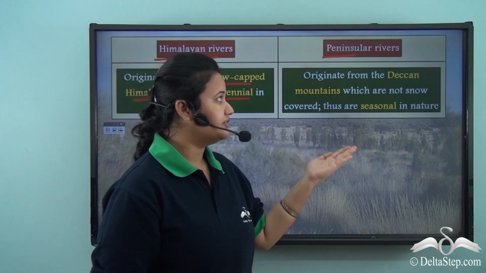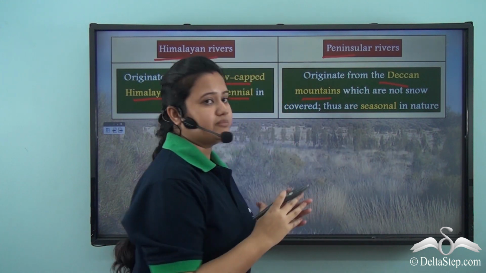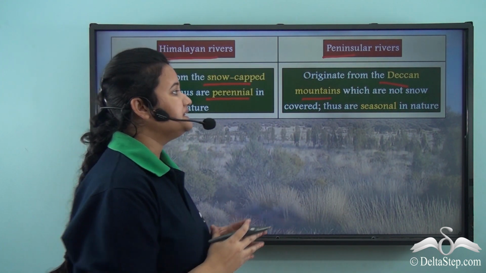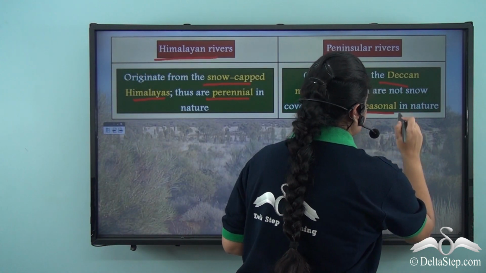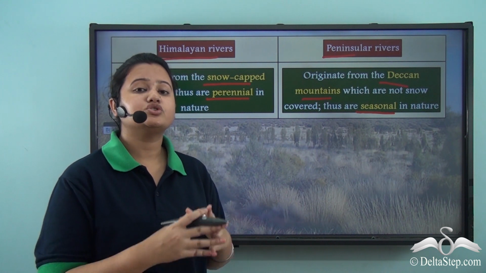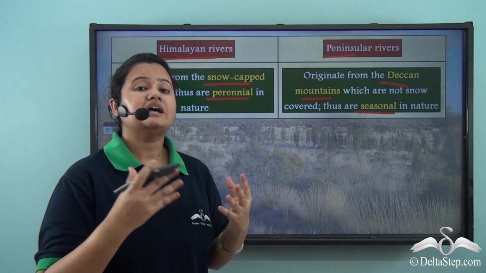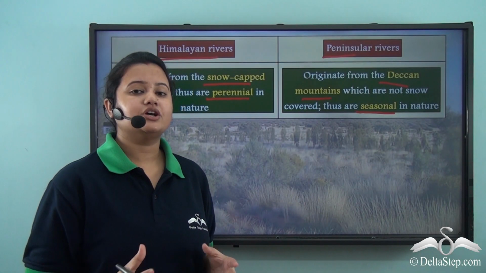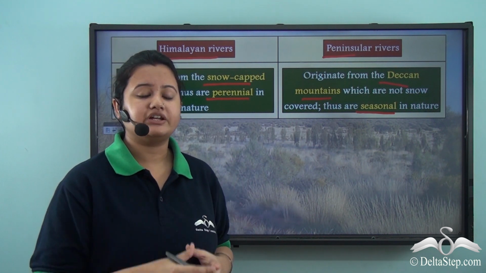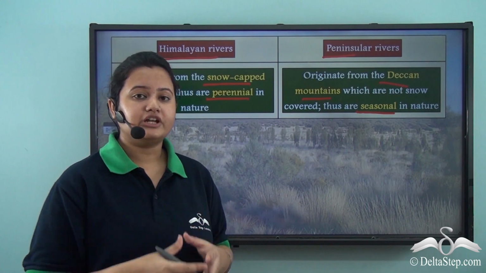Conversely, peninsular rivers originate in the Deccan mountains or the western boundary of the Deccan Plateau, that is the Western Ghats, and these rivers are seasonal in nature. Now the word seasonal means that these rivers do not have water round the year and they dry up during summer season. This is because unlike Himalayan rivers, peninsular rivers are not snow fed, that is they are not born due to melting of glaciers.